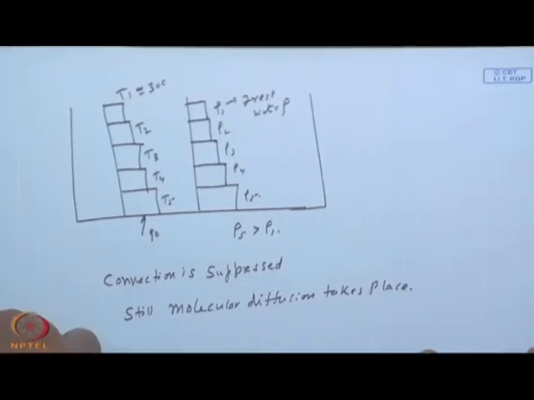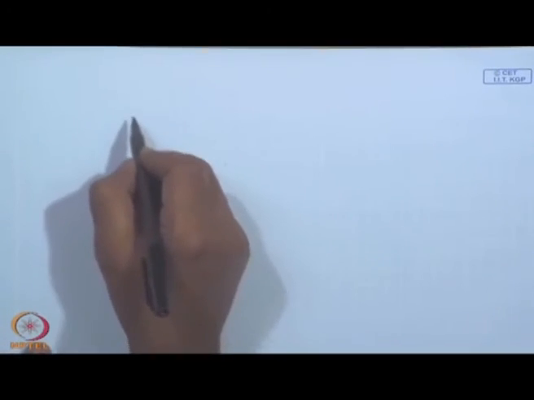Okay? So, again rho 1 to rho 5 tends to be uniform. Okay.